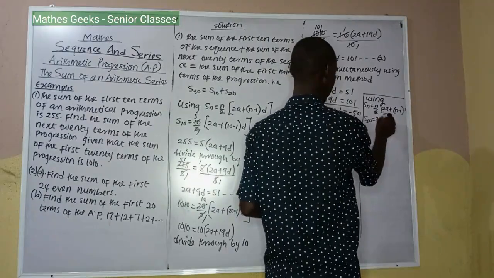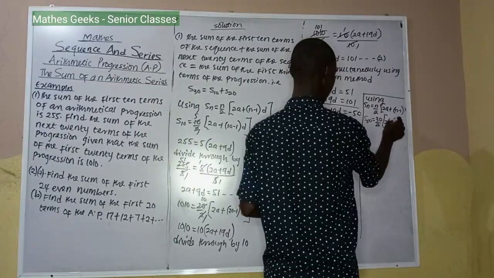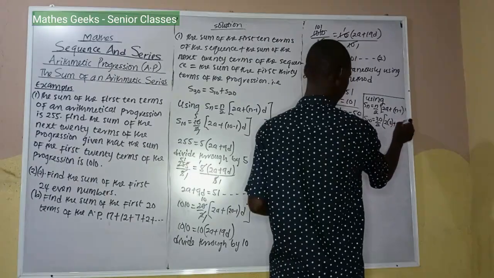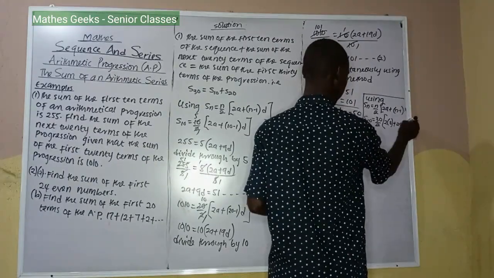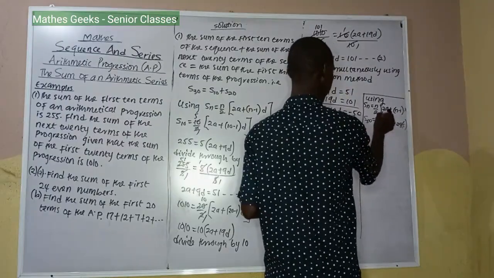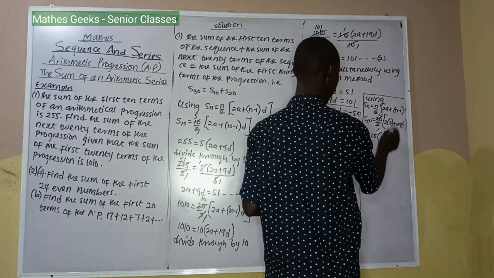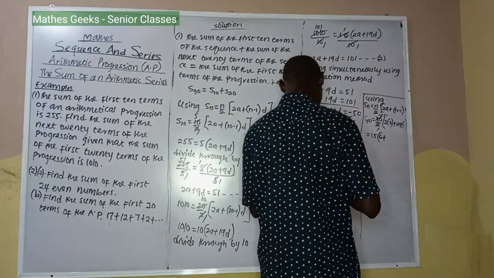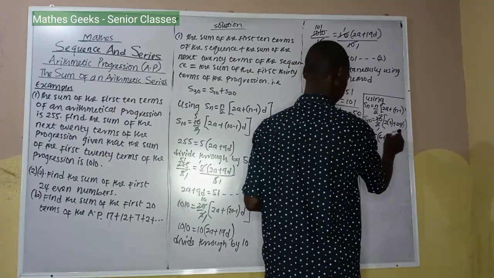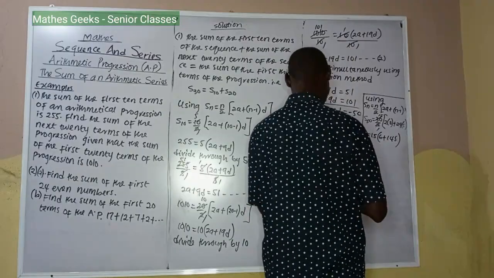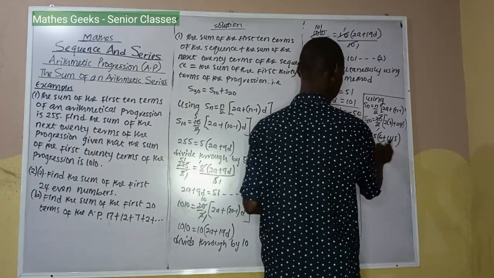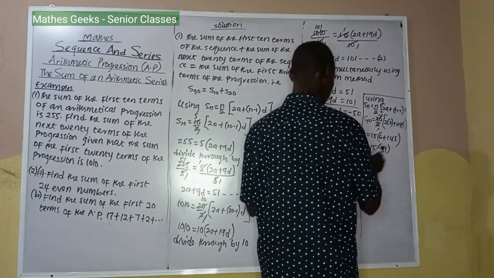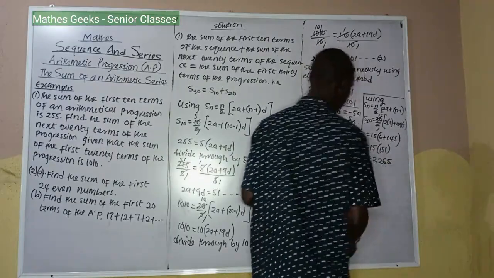S30 is equal to 30 over 2 times (2 times 3 plus 29 times 5), since 30 minus 1 is 29 and the common difference is 5. 2 here 1, 2 here 15. This will give us 15 times (6 plus 145). 145 plus 6 is 151. 15 times 151 is 2,265.